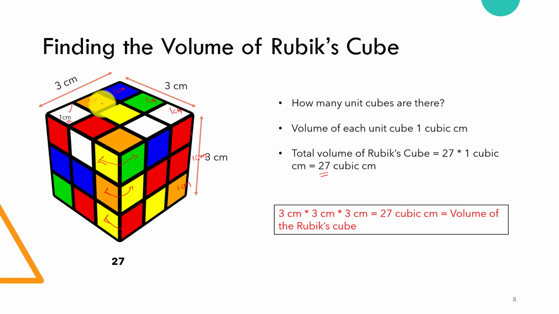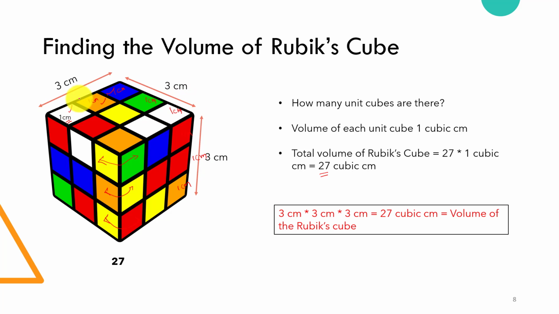So 1, 2 and 3 unit cubes, correct? Similarly for breadth also, as it is 3 centimeter, we can place a maximum of 3 unit cubes, and for height also, as it is 3 centimeter, we can place a maximum of 3 unit cubes here, correct? And that's why it is a total of 27 unit cubes here as well, 3 into 3 into 3.